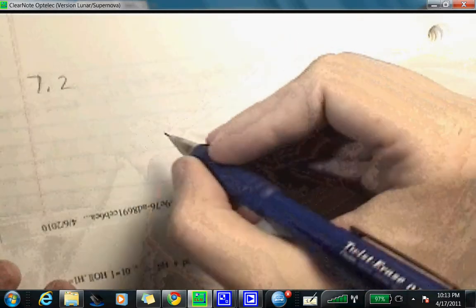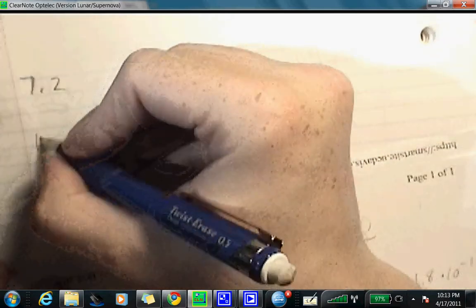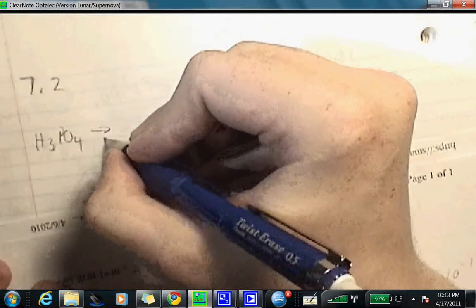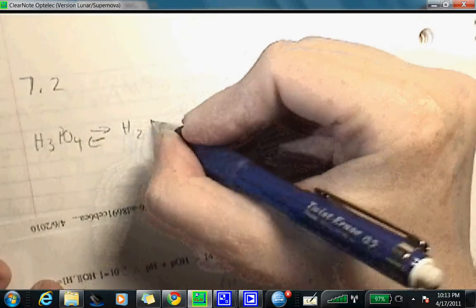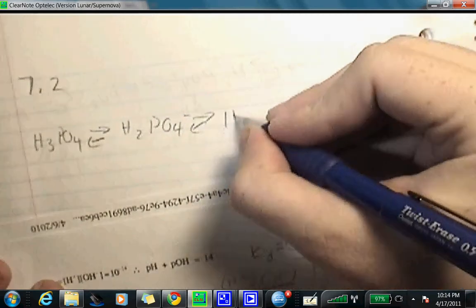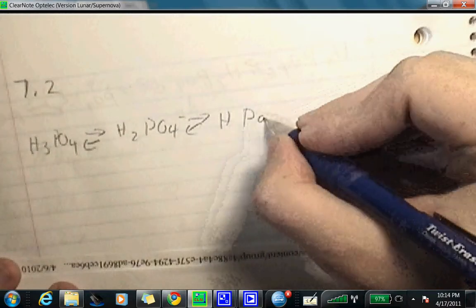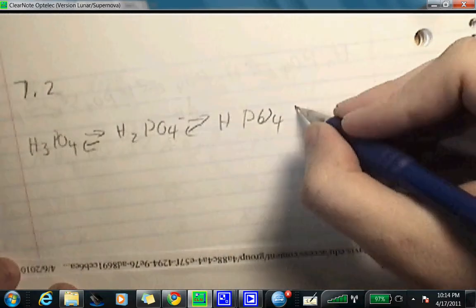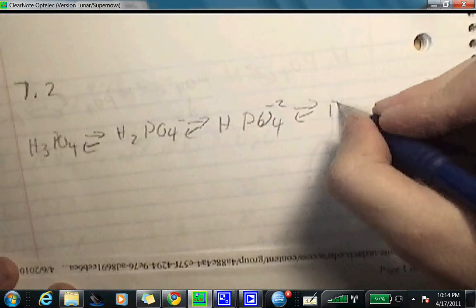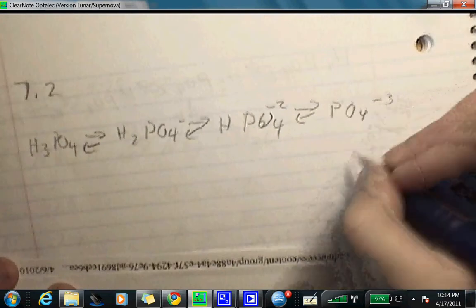Let's draw our phosphate group. So this could be H3PO4 going to H2PO4 minus going to HPO4 minus 2, and this is PO4 minus 3.